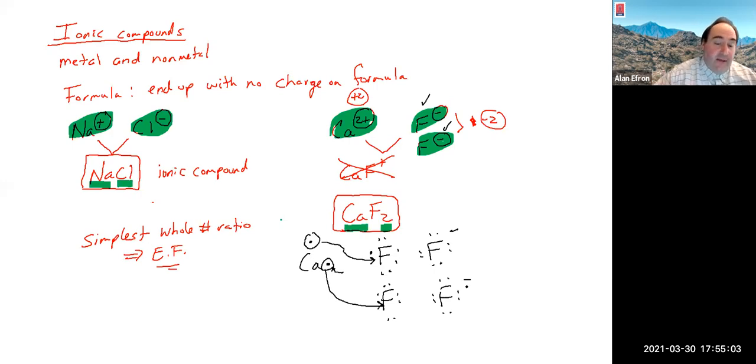And we want to do that in the simplest way. As you can see here by drawing it, that is the simplest way. We just need those two fluorines to pick up both of the electrons from calcium, to allow calcium to reach back to argon's configuration.